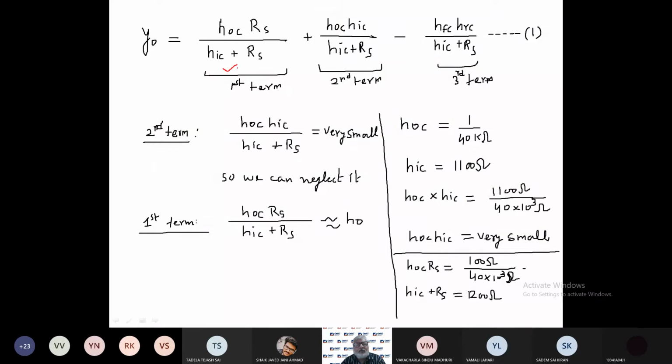Now if you come to the first term, hoc Rs by hic Rs, this is also approximately equal to hoc. If you put these values here, hoc Rs, hic Rs, then you will find that it is approximately equal to ho, where Rs is the source resistance, which is the internal resistance of the source, which is very small, around 100 ohm only, right?